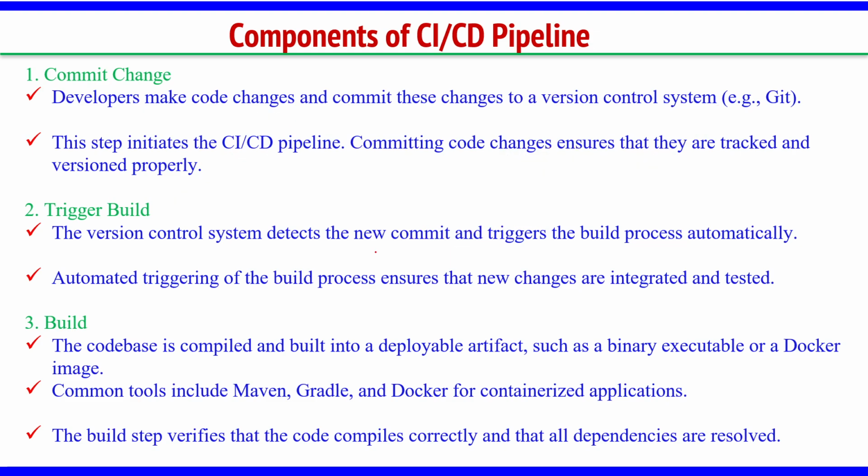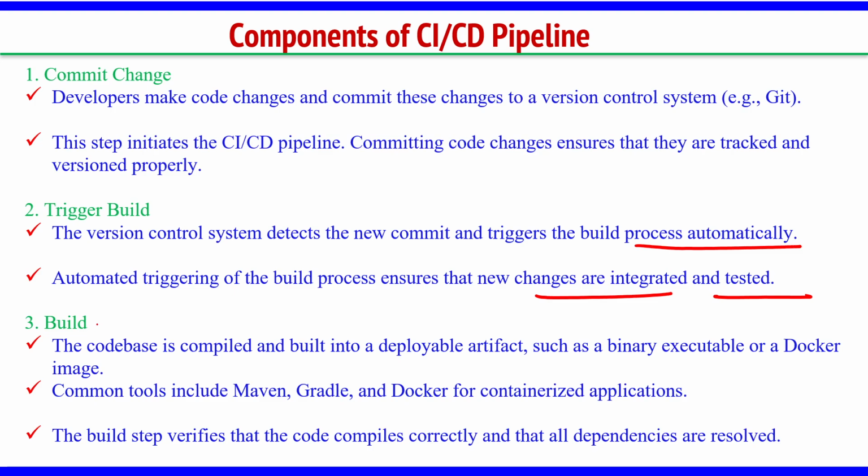The same way, whenever the version control system detects a new commit, it triggers the build process automatically. Automated triggering of the build process ensures that the new changes are integrated and tested.